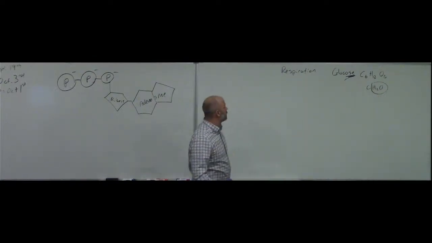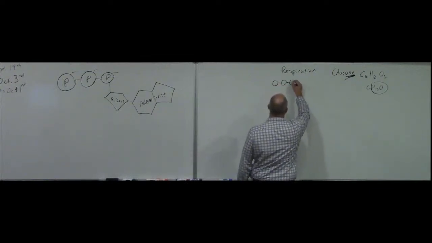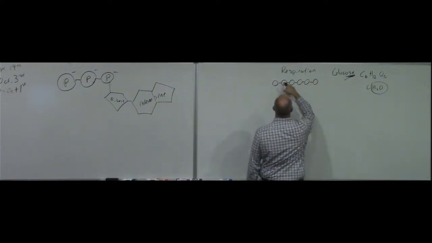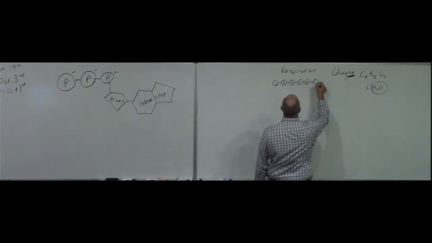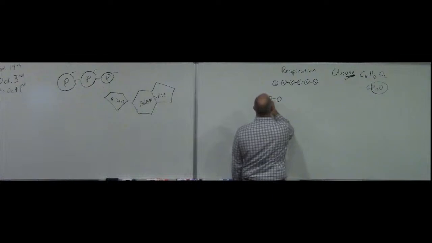It's a 6-carbon sugar. The first step, no matter what organism you are, is to convert this 6-carbon sugar into 2 different ones, 3-carbon ones, right? What's that called?